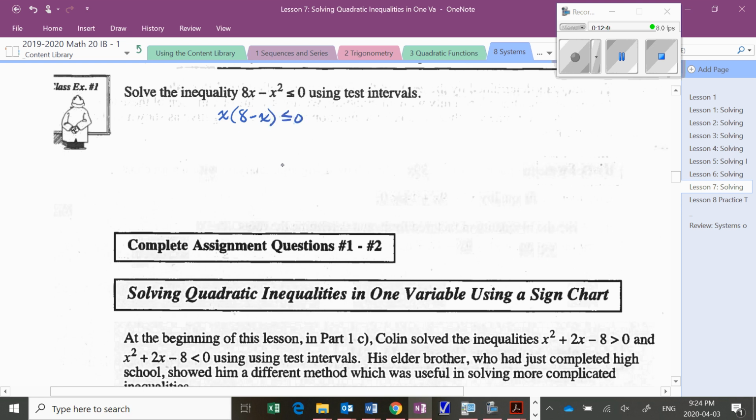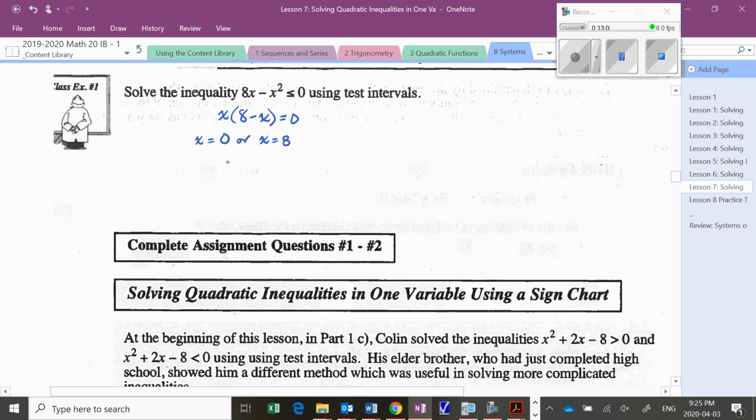So that tells us that we have either 0 or 8. So x equals 8 or x equals 0. I will just do that as a function to make that a little more clear for you guys. So x equals 0 or x equals 8.